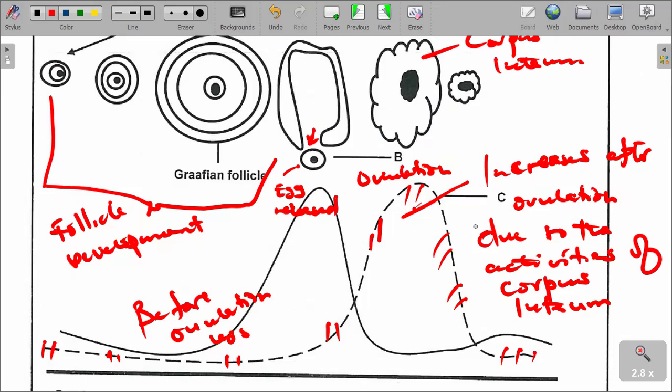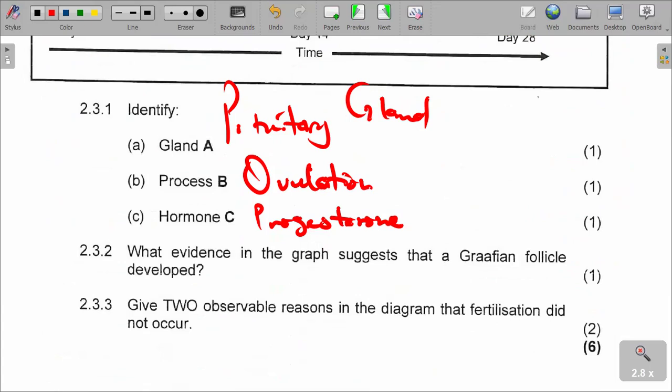So hormone C, it is the progesterone level that increases after what? You must be able to know that it is progesterone, because we say that it increases after ovulation.